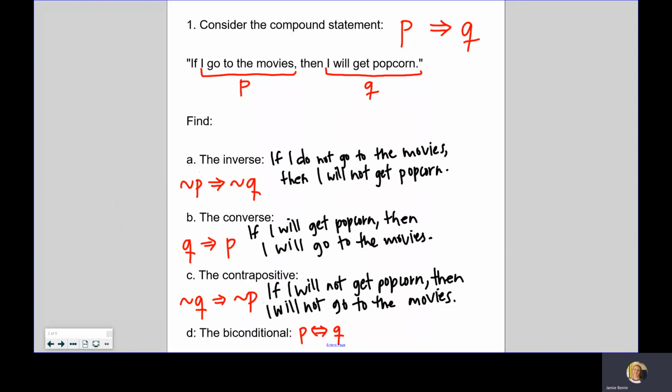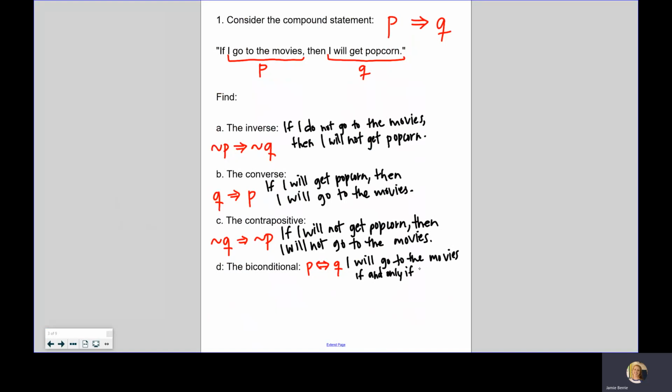Last one, the biconditional. Remember, this is where you do P if and only if Q. So P if and only if Q. I will go to the movies if and only if I will get popcorn.